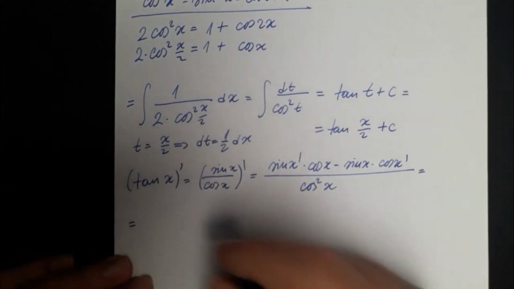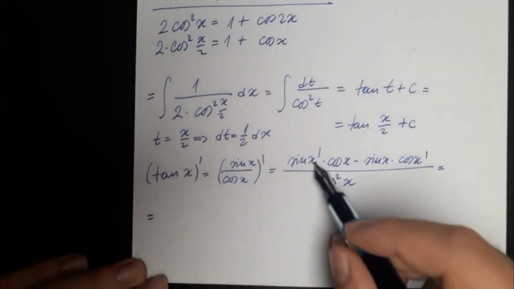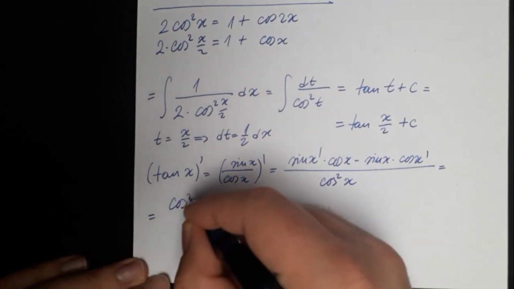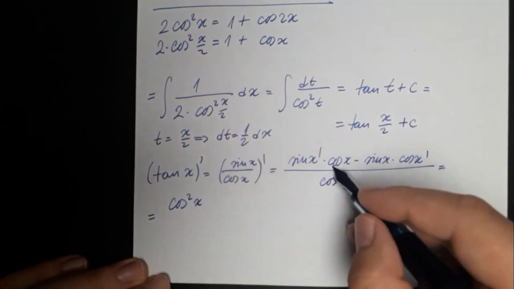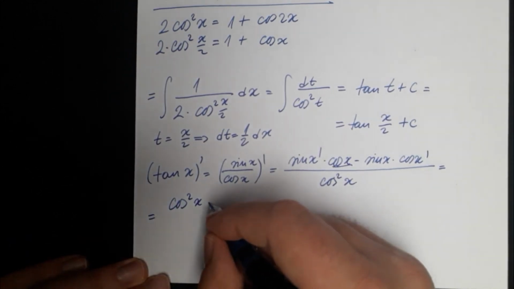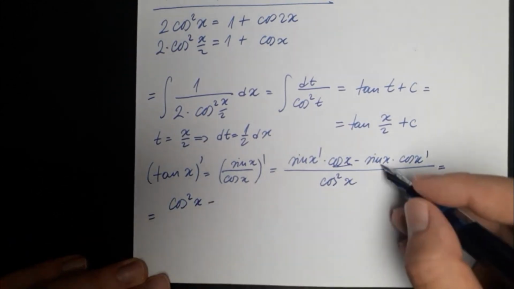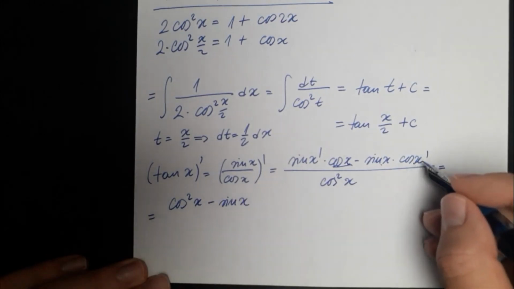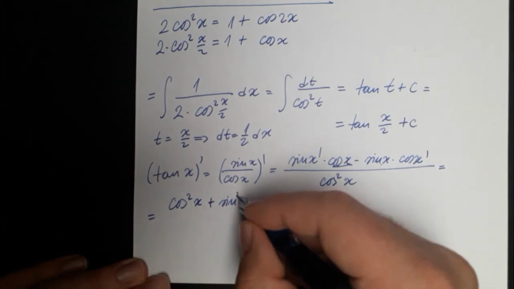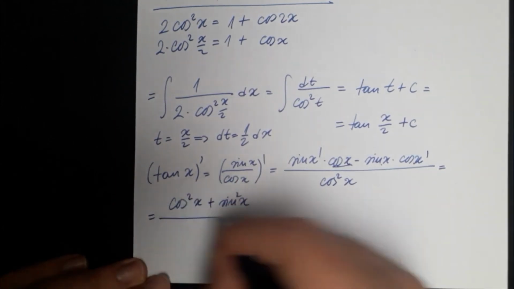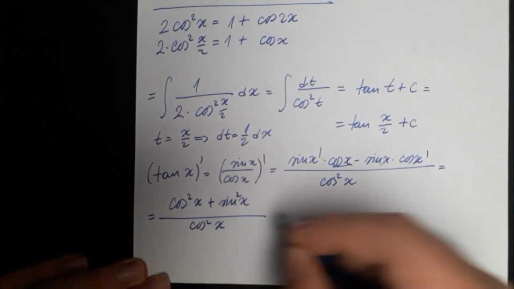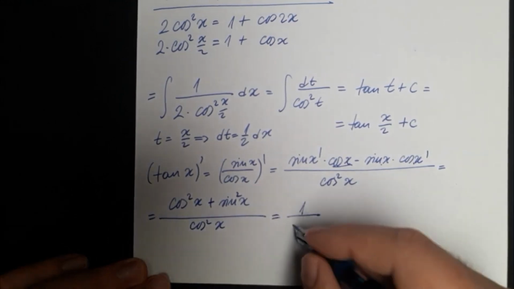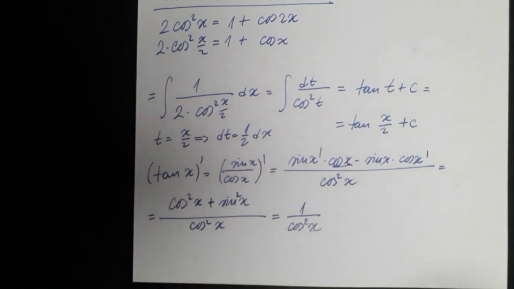This is going to give us derivative of sine x is cosine x, squared, because we have this right here, minus sine x. Derivative of cosine of x is negative sine of x, divided by cosine squared of x, and that is 1 divided by cosine squared of x.